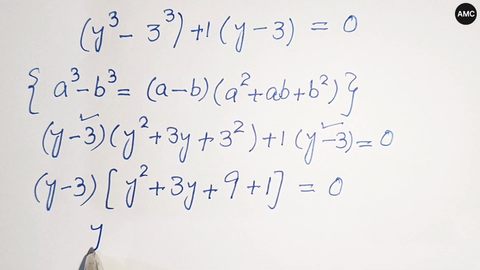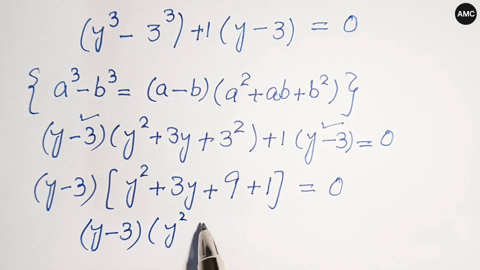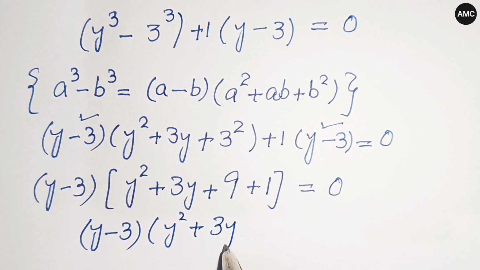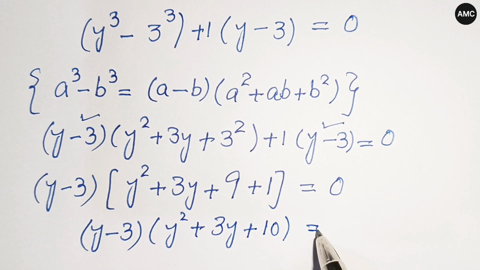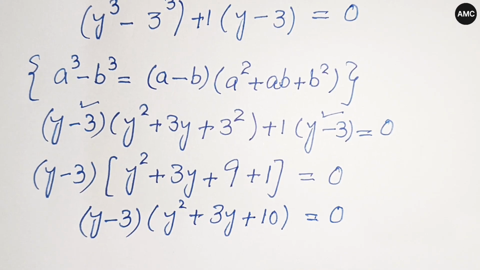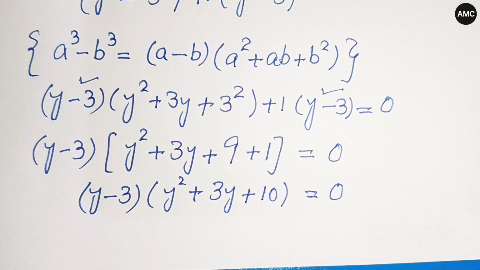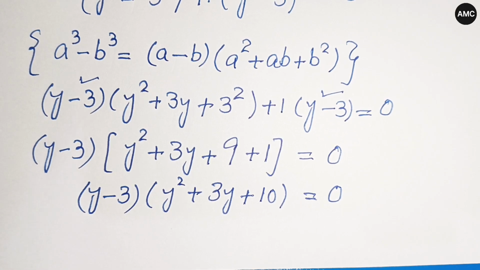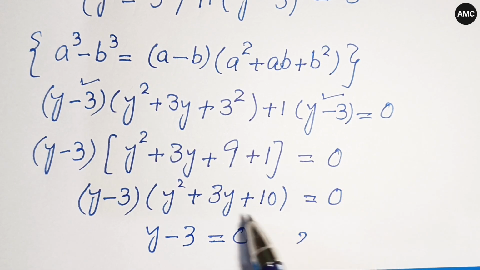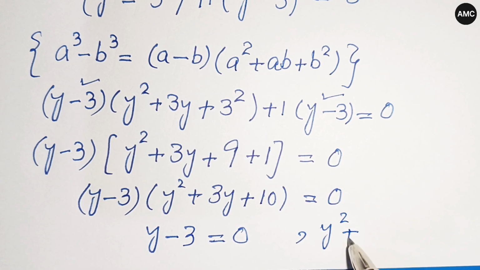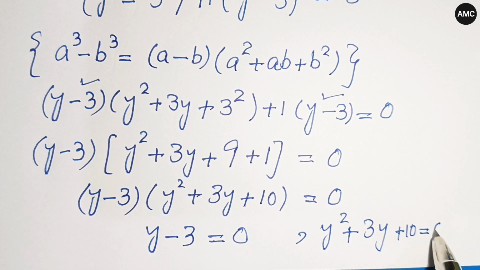Now y minus 3 times y squared plus 3 times y plus 9 plus 1, we get plus 10, is equal to 0. So our next step is that y minus 3 is equal to 0, and our second one is y squared plus 3 times y plus 10 is equal to 0.